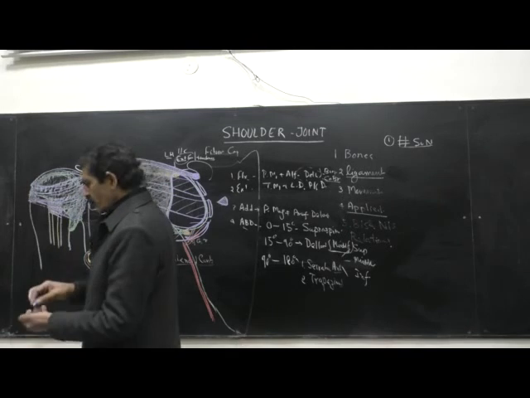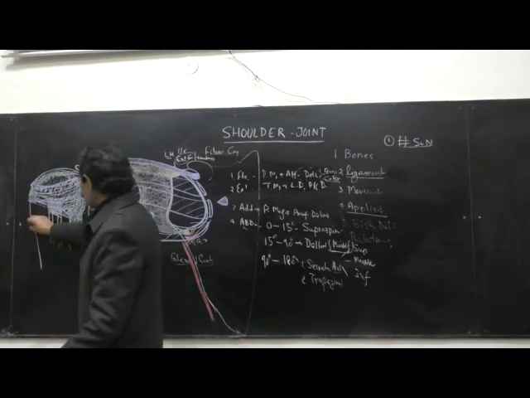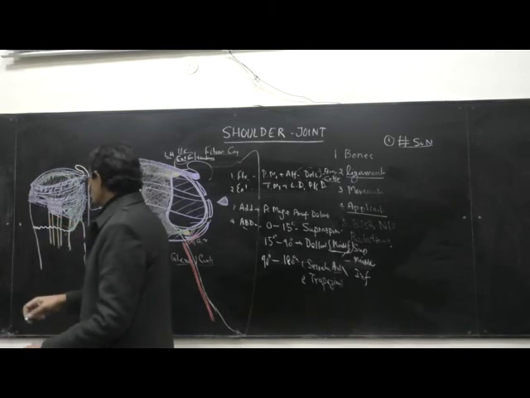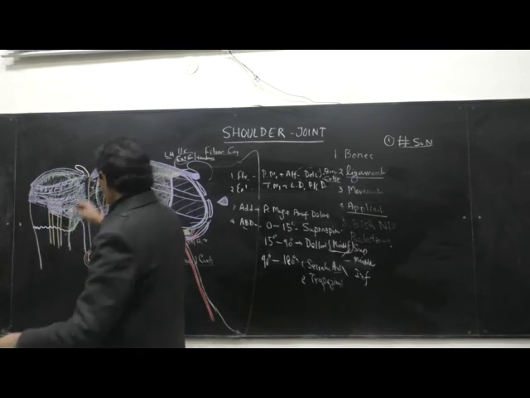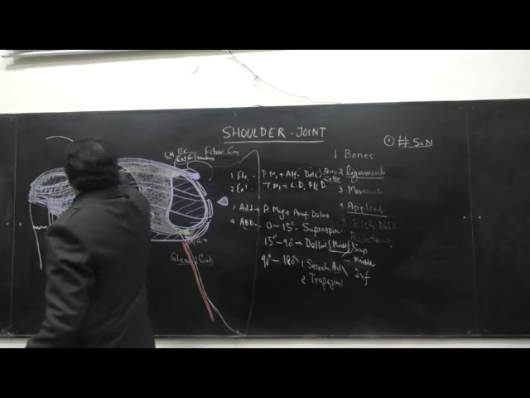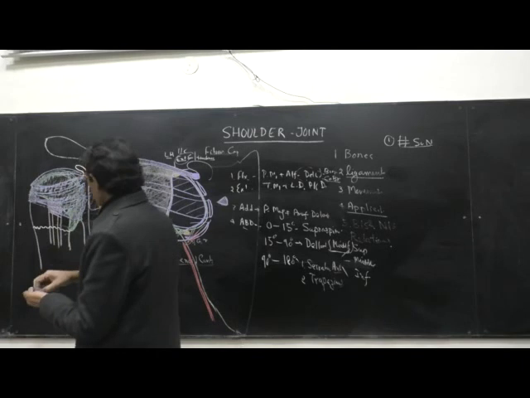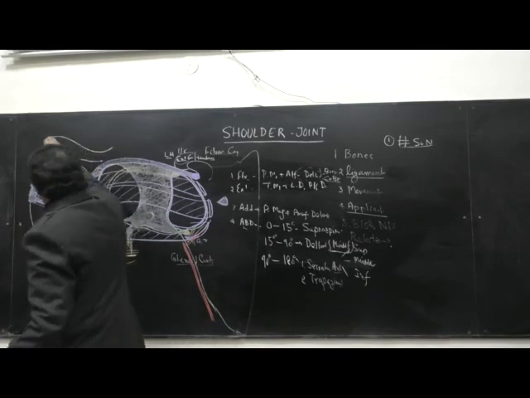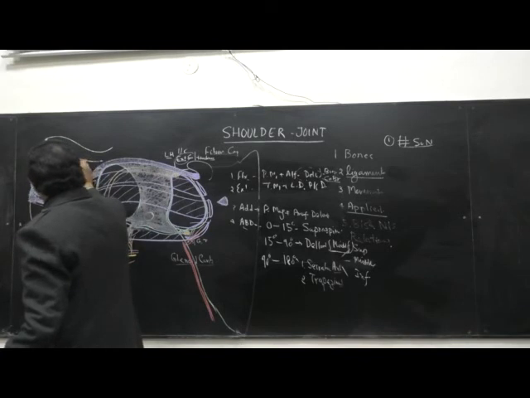So in the fracture of the surgical neck, if it occurs here, the axillary nerve is damaged, and due to the damage to the axillary nerve, and as we know, the deltoid is covering anteriorly, taken from the lateral third of the clavicle and inserting into the deltoid tuberosity.